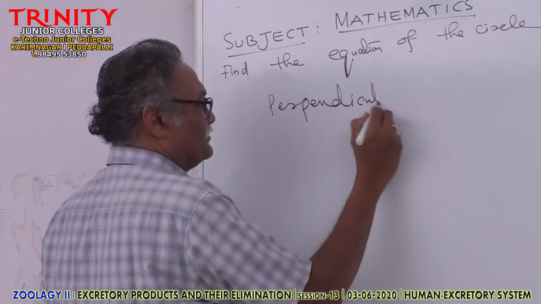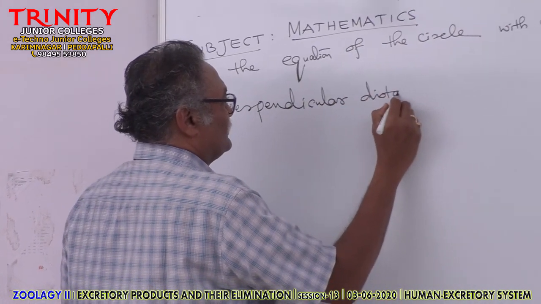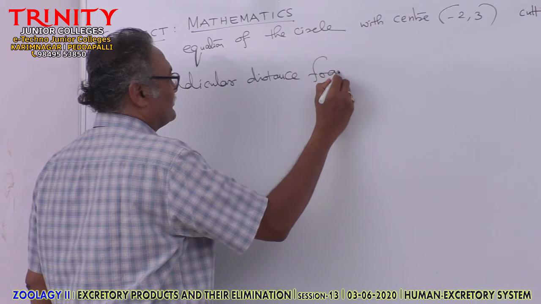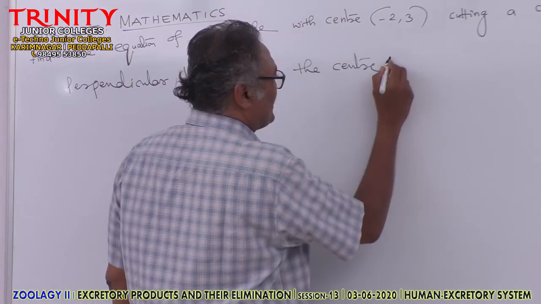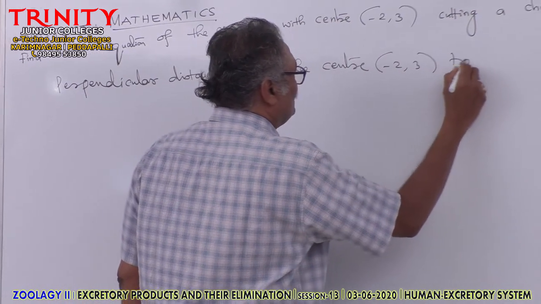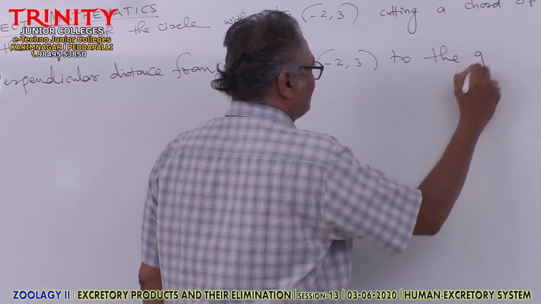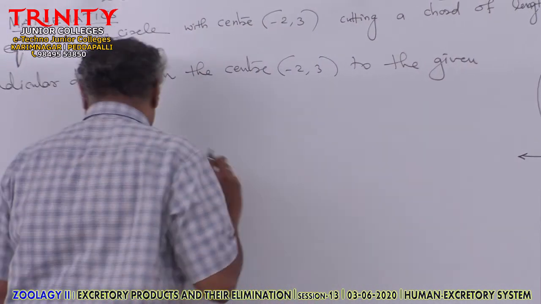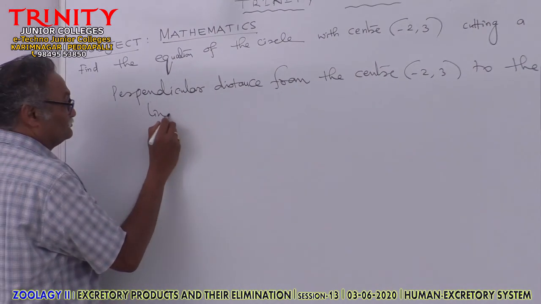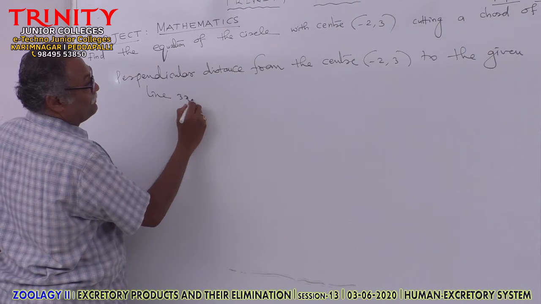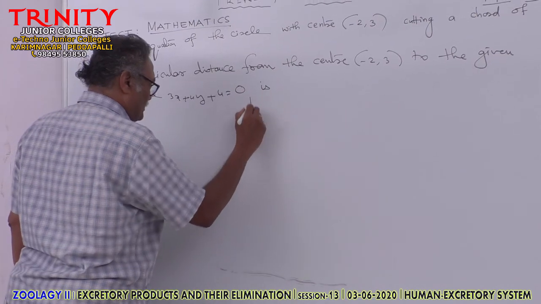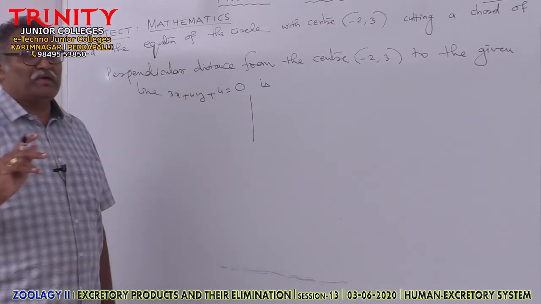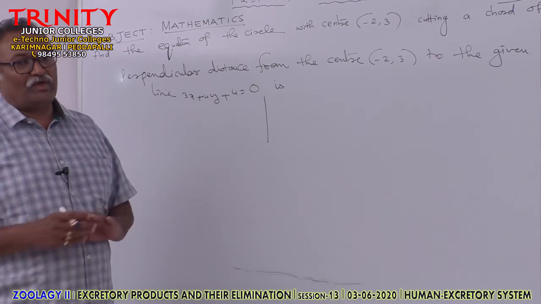Perpendicular distance from the center -2, 3 to the given line 3x plus 4y plus 4 equals 0 is modulus of ax1 plus by1 plus c by square root of a square plus b square.